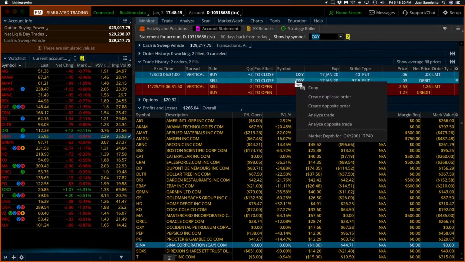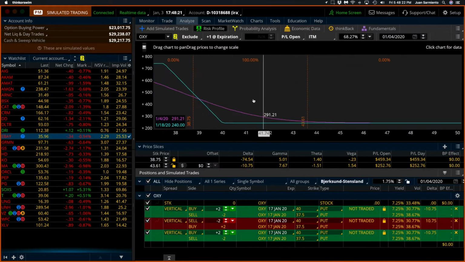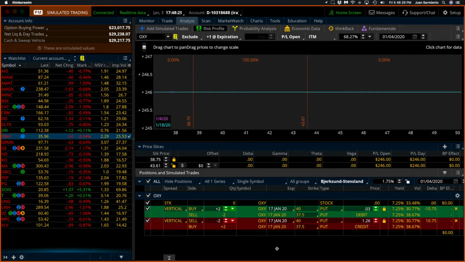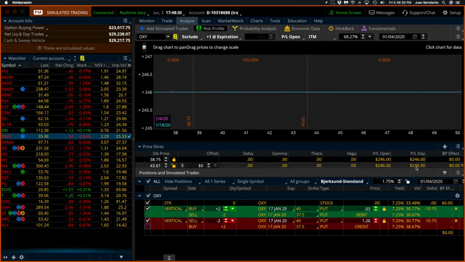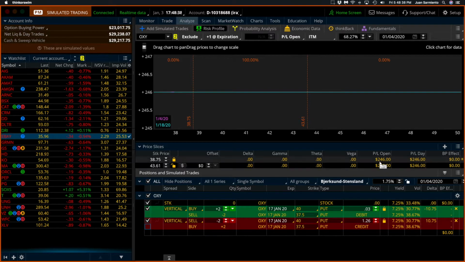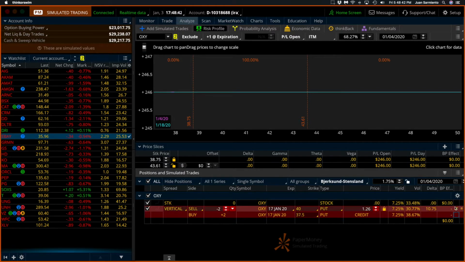So right click and say analyze trade. Do the same for the closing trade, and then you've copied them both, and you can see the resulting P&L since the opening, or for the day, doesn't matter. The two together have given us a profit of $246. Okay, in case you keep track of that.